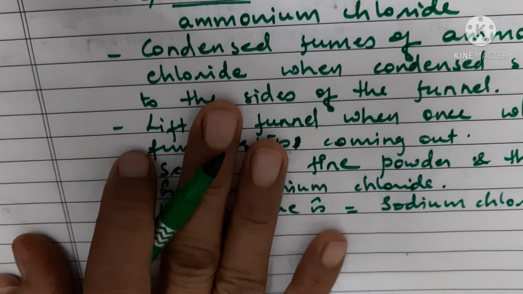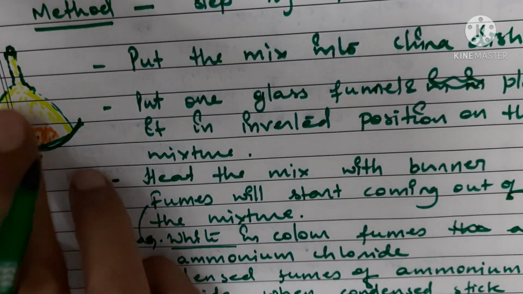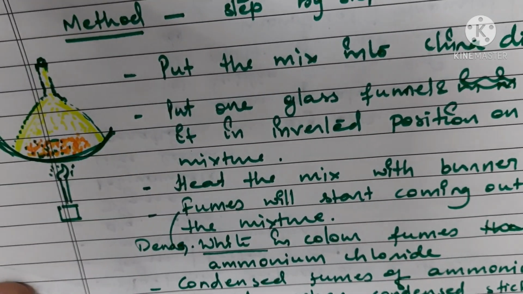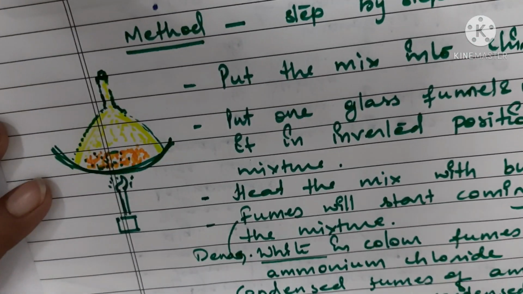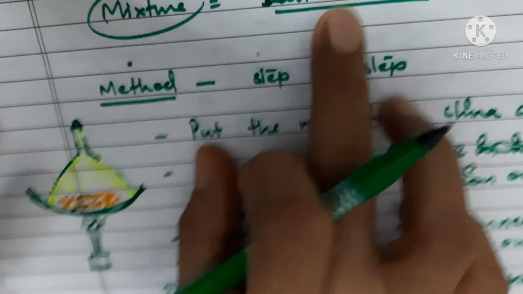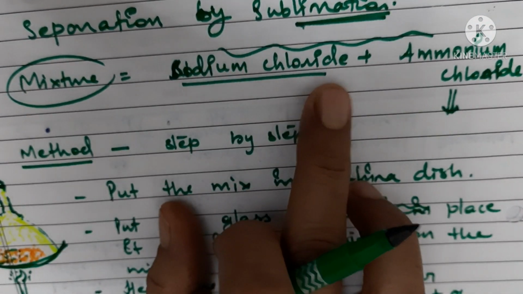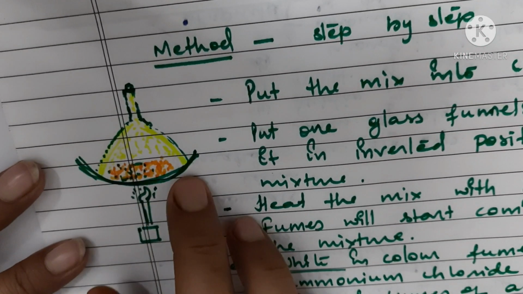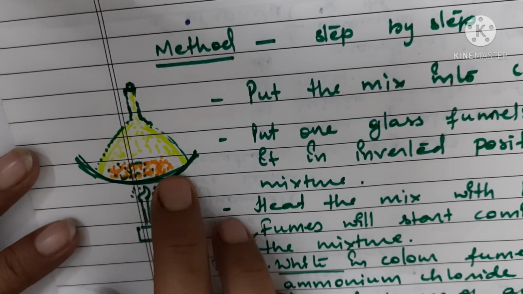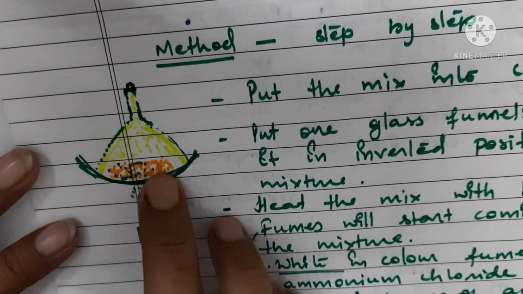Both are separated now. What we did: we took one china dish and put the mixture of sodium chloride and ammonium chloride into it. We took one glass funnel and placed it inverted on this mixture.